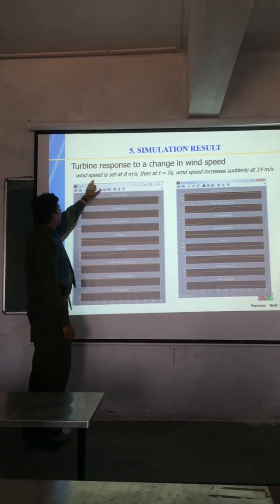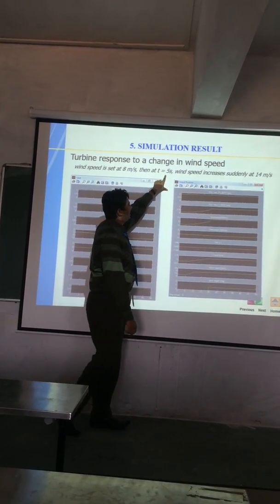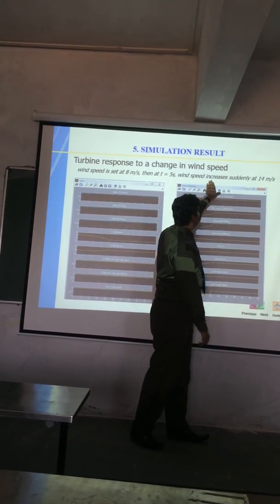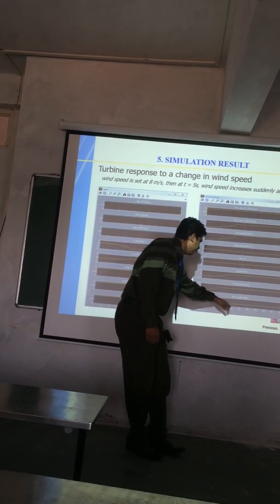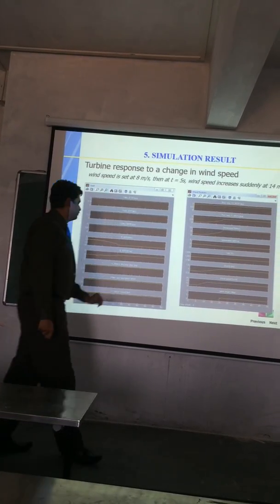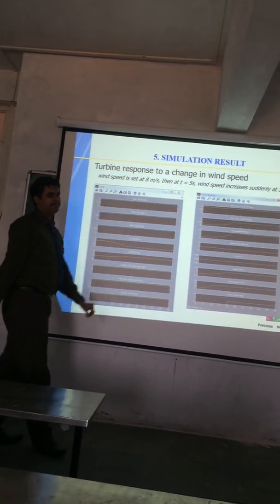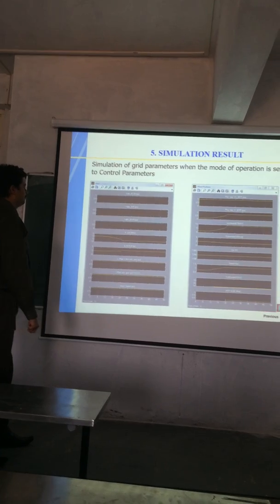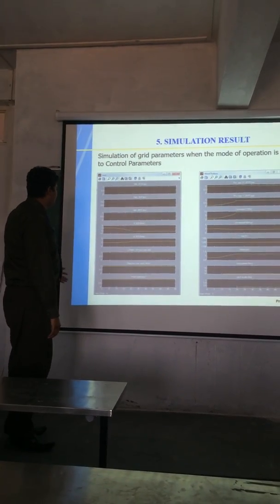The wind speed is kept constant at 8 meters per second, and at a time of 5 seconds, the wind speed suddenly increases to 14 meters per second. This is just some variation and fluctuation in the pitch angle and the speed that you can observe. This is the actual motor speed and this is the wind speed. This is again some more simulation parameters of the controlling areas.